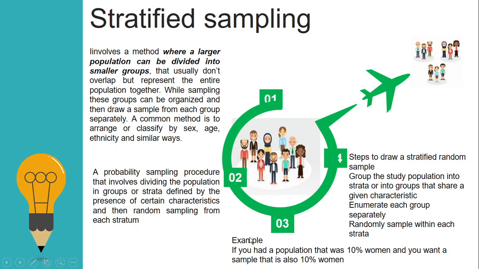So we are randomly selecting. Third, for example, if we had a population that was 10% women and you want a sample that also is 10% women. Fourth, they draw a stratified random sample: group the study population into strata, or groups that share a given characteristic, enumerate each group separately, and random sample within each stratum.